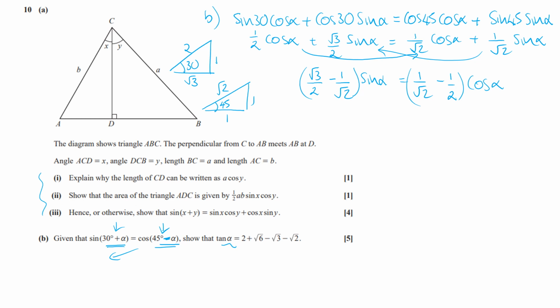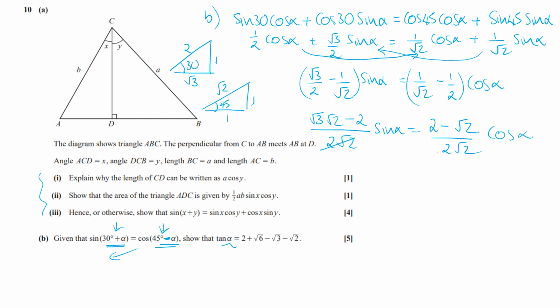Then we can make these single fractions. So that's going to be root 3 times root 2 minus 2 all over 2 root 2 sine alpha is equal to 2 minus root 2 all over 2 root 2 cos alpha.